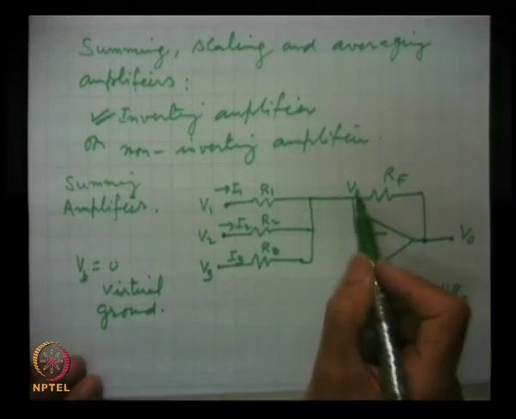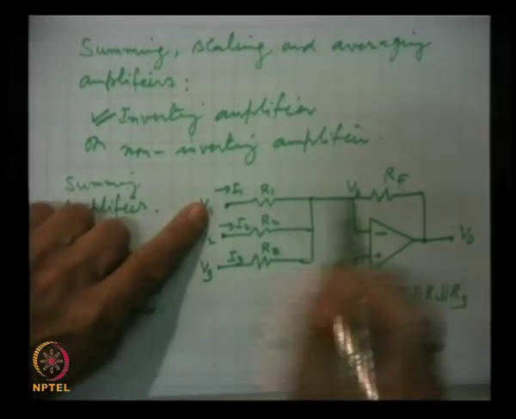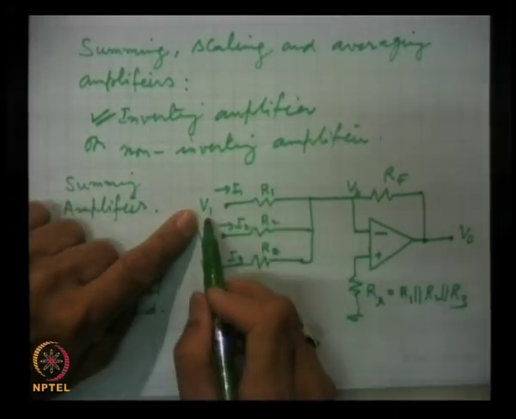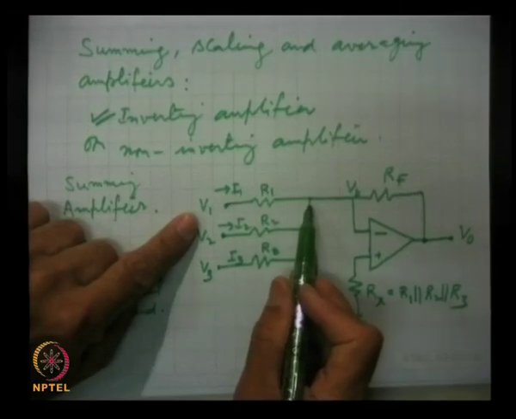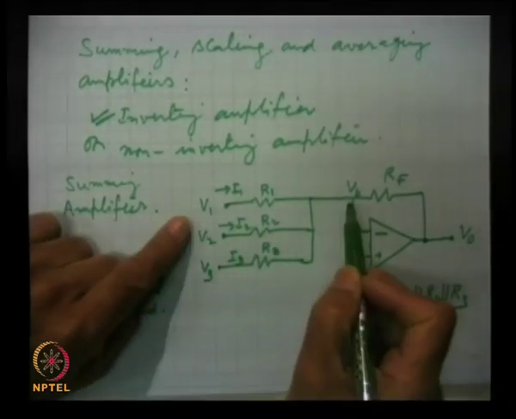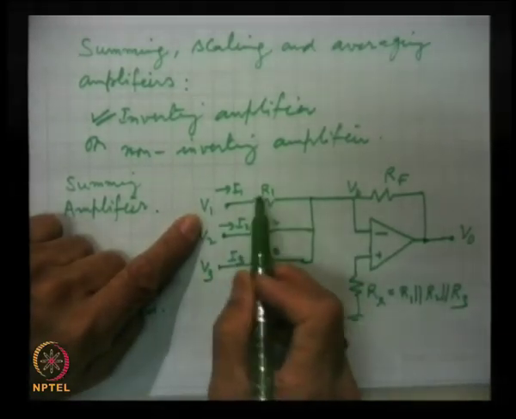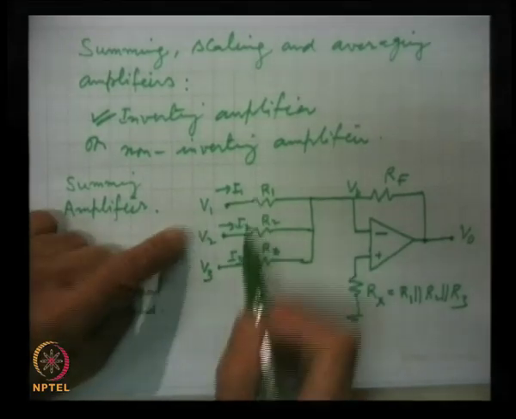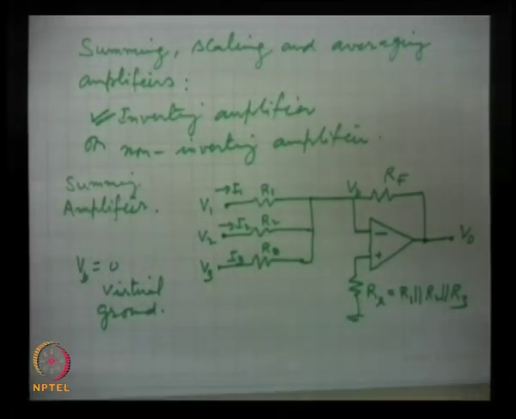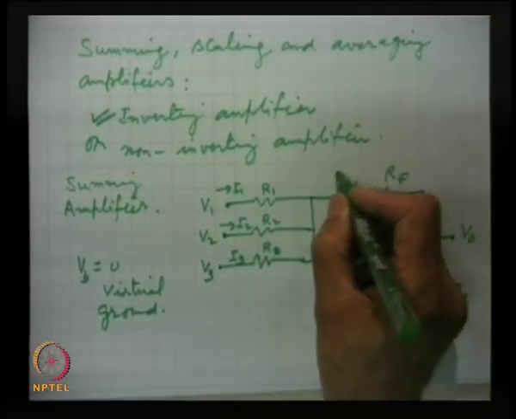Now, because this voltage is 0, what will be this current I1? I1 will be V1 minus V0 by R1. Similarly, these currents, but this is 0. So, the current is actually V1 by R1, this is equal to I1, V2 by R2 is I2. So, all these currents, and the sum up of the currents will be IF.